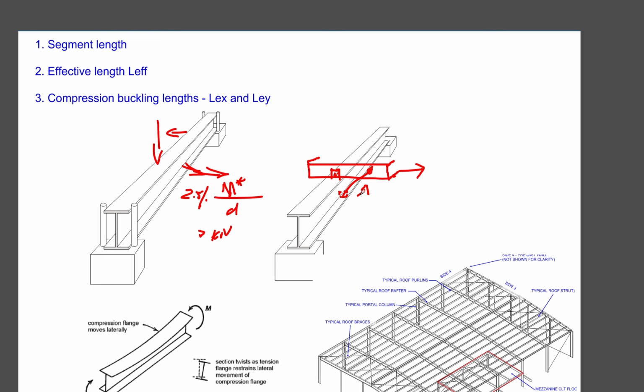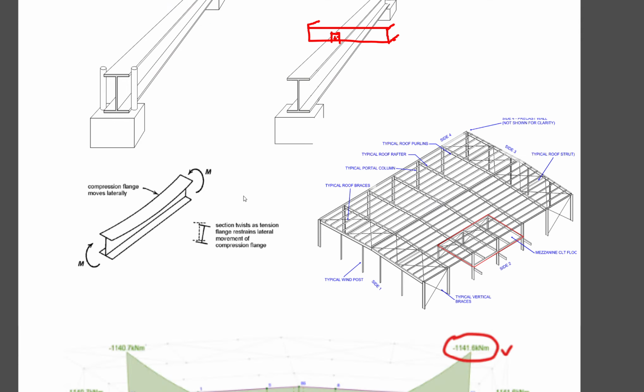That fly brace resists this compression force into the purlins, and the purlins go into compression and tension as well, so there is a coupling force up and down. That is the twist restraint, and also the twisting force induced by the beam bending sideways.